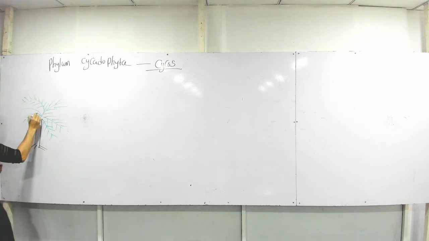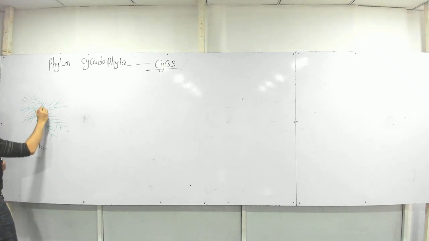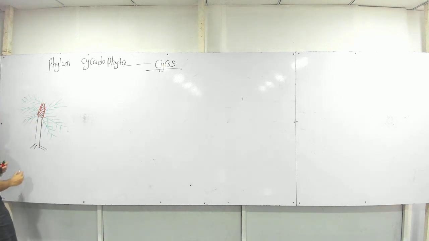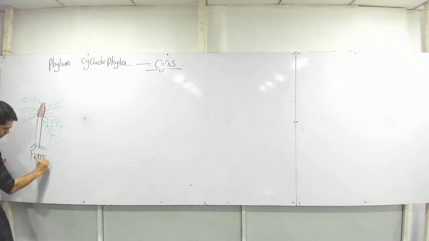If you have a cycas nearby, go and see. The important thing is, it has what we call a crown in the female plant. So this is a female what? Sporophyte.